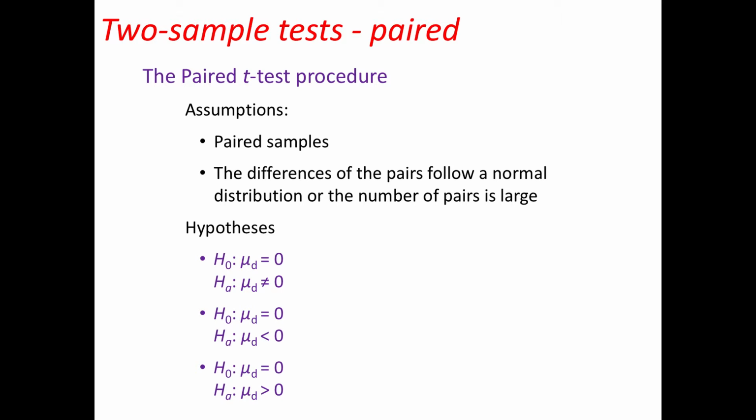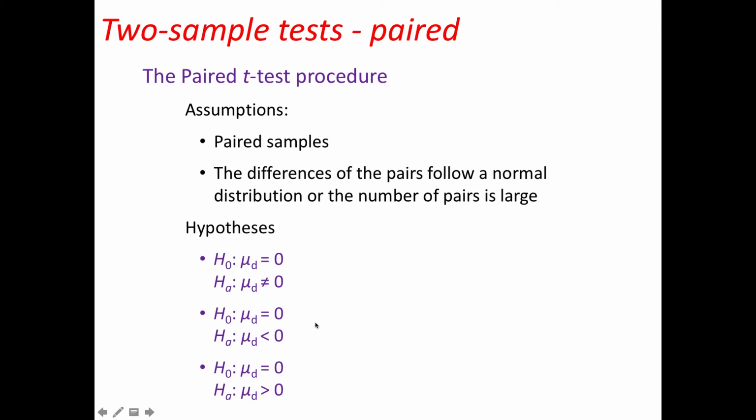When looking at a paired t-test, here are the three different sets of hypotheses that you can have. Again, the null hypothesis is where the mean difference is 0. So here's your null hypothesis: the difference between the two paired samples, and then you take the mean of that difference, is equal to 0.